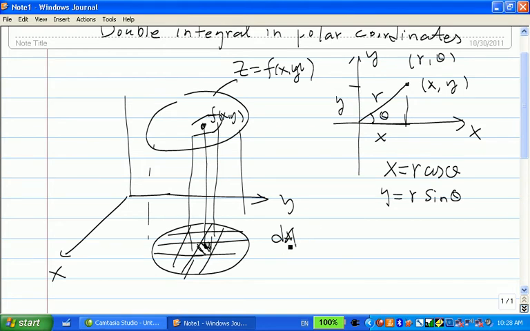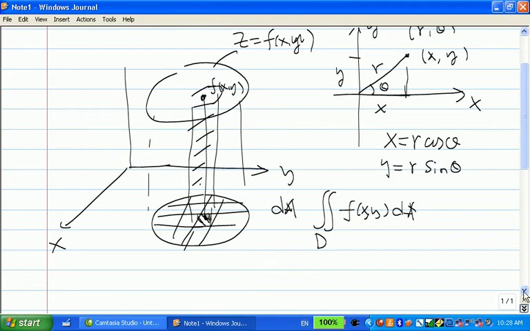If your dA is small enough, then this volume you can consider as a rectangular box. So f(x, y) times dA will give you the volume of this rectangular box. Then add them together, take a limit. That's exactly what the integral means. So this is the definition of the double integral.